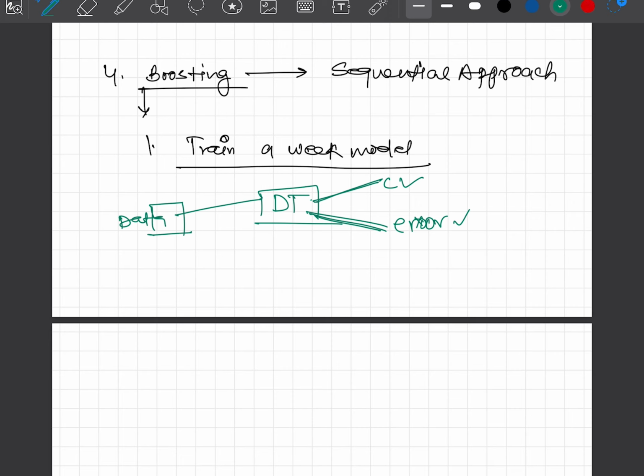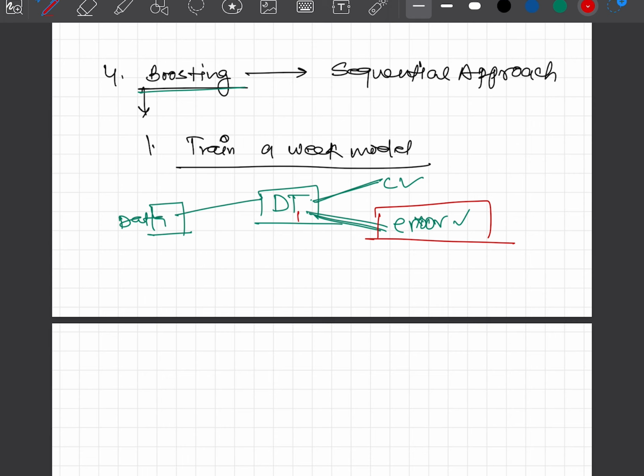In case of boosting, our major focus is on the mistakes or the error points. This time we will train the second model, and it will give more importance to the mistakes made by model 1.